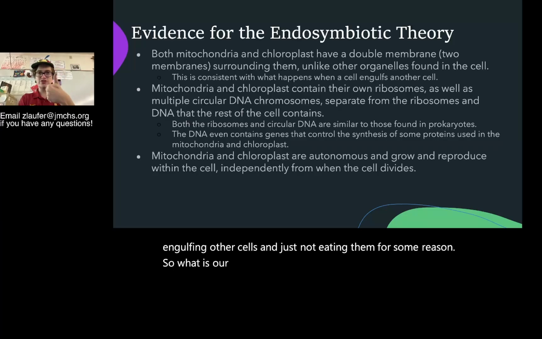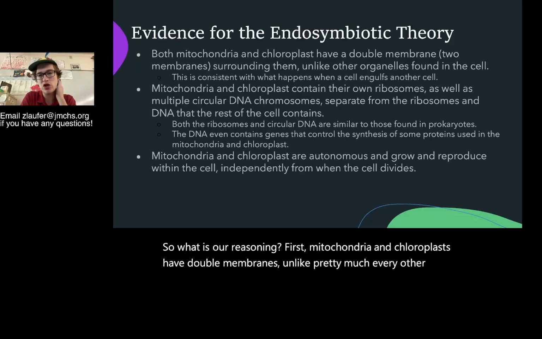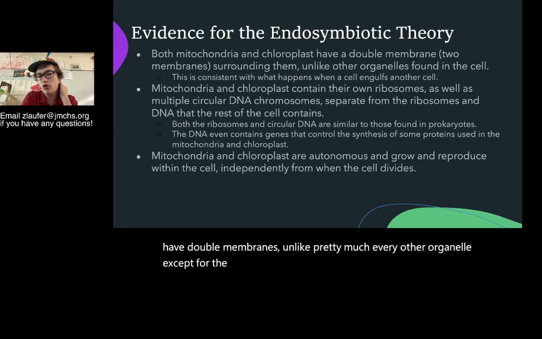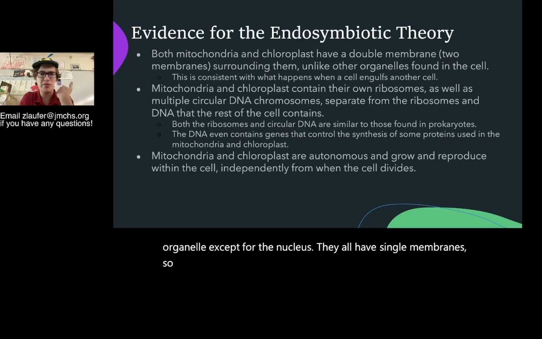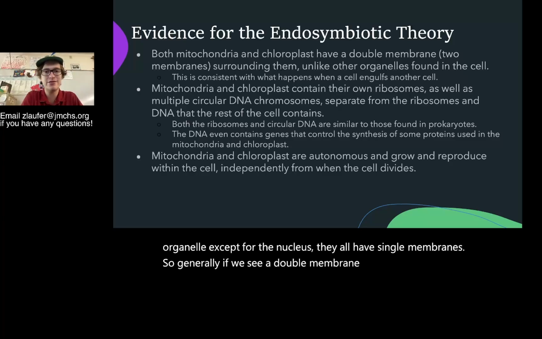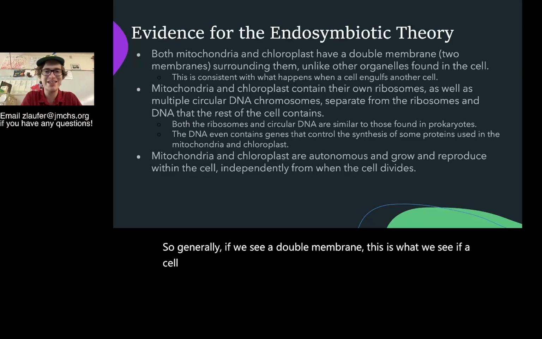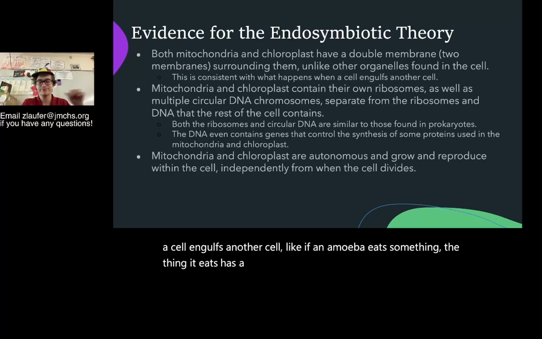First, mitochondria and chloroplasts have double membranes, unlike pretty much every other organelle, except for the nucleus, which all have single membranes. Generally, if we see a double membrane, this is what we see if a cell engulfs another cell. Like if an amoeba eats something, the thing it eats has a double membrane still.